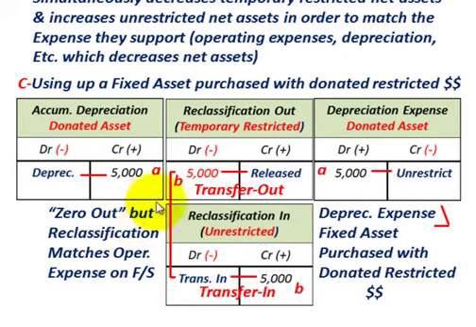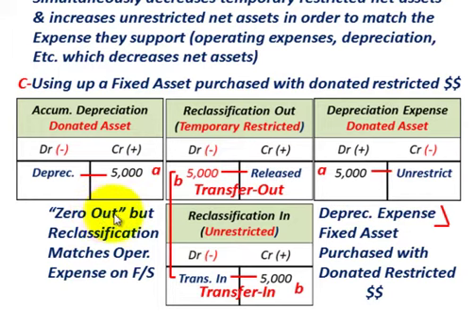Okay, so again, we have a zero out here from the reclassification out to the reclassification in. It increased our net assets in the unrestricted account and reduced our net assets in the temporarily restricted account.